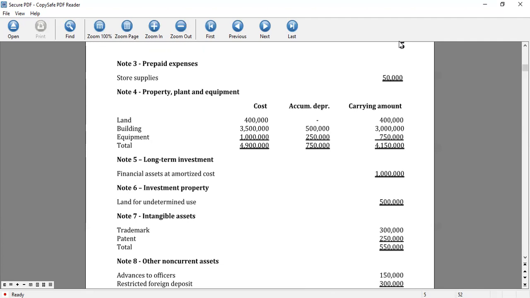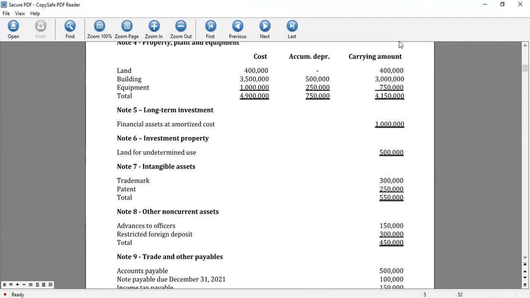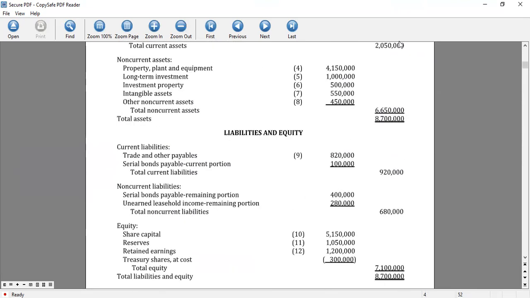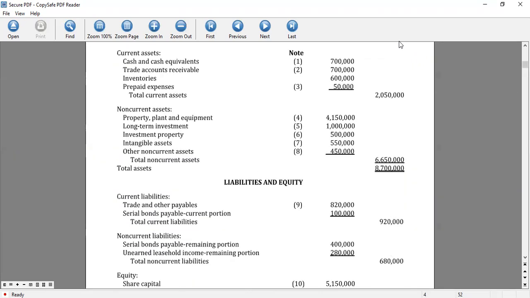And we have now the restricted foreign deposit originally included in cash, the amount of 300,000. It's not cash and not a current asset because its use is restricted, so we include that among the other non-current assets. Now, with the assets to be added, we have the current assets of 2,050,000.